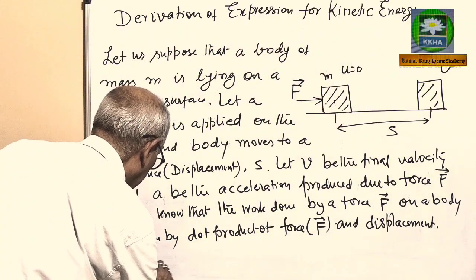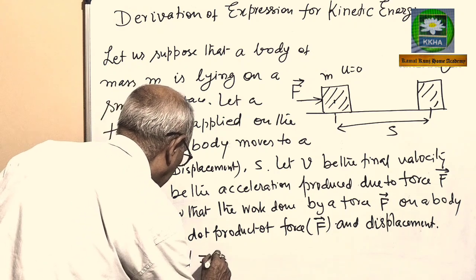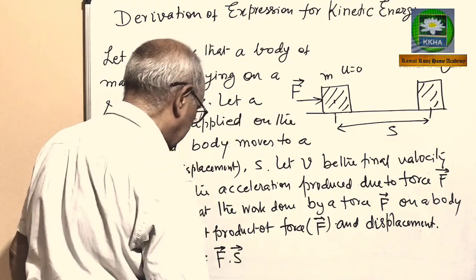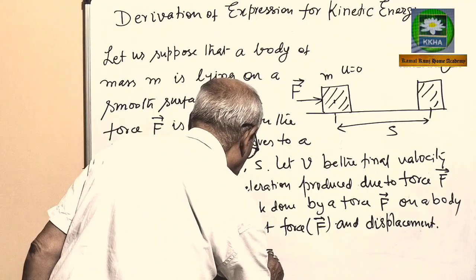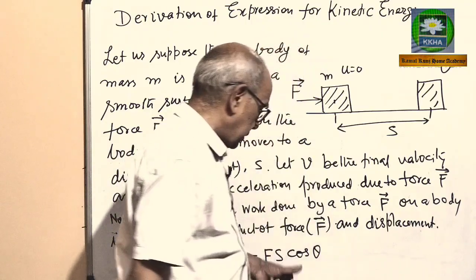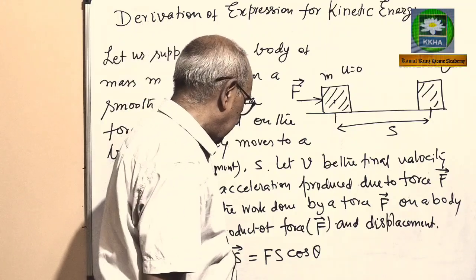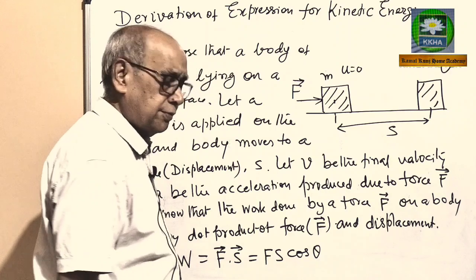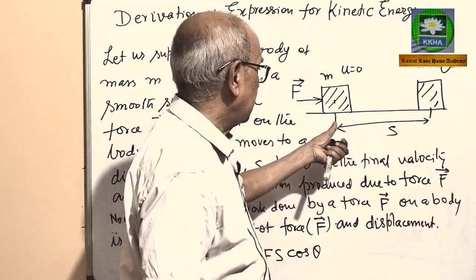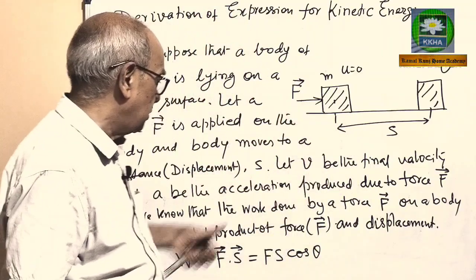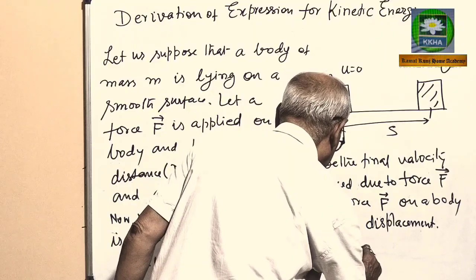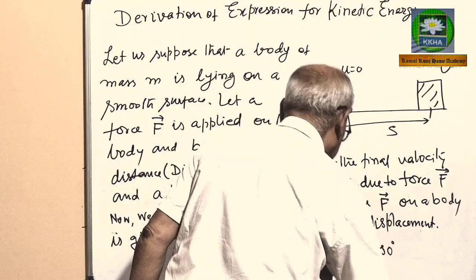That is, work is equal to the dot product of force and displacement, which is equal to Fs cos theta. Here theta is the angle between displacement and direction of force. Here theta is 0 degree because displacement is in the direction of force. So this will be equal to Fs cos 0 degree.